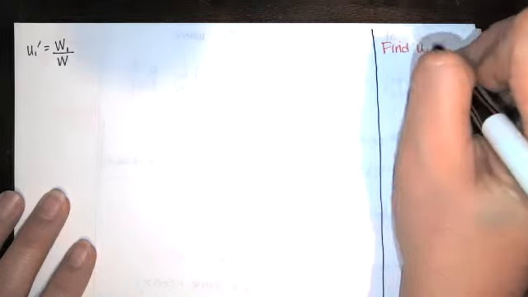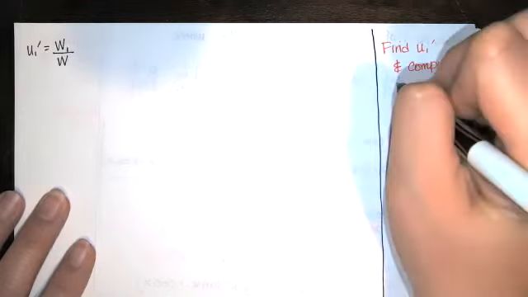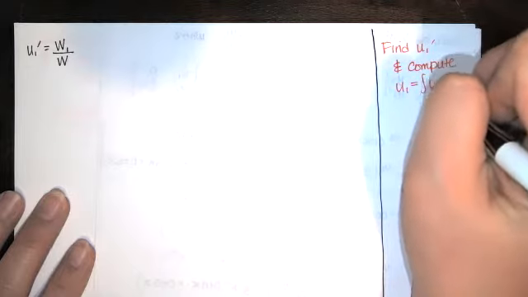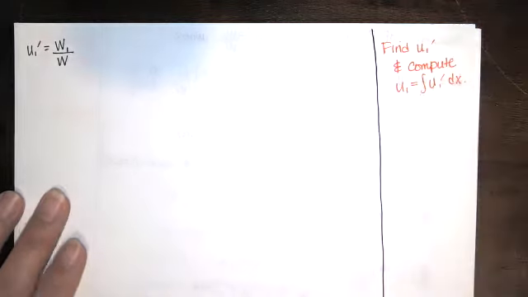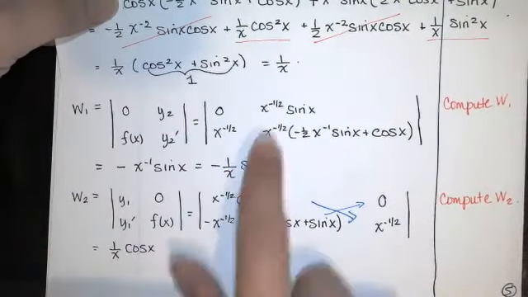So we had U1 prime is W1 over W. Let's see. W1 was negative 1 over x times sine of x, and we're dividing by 1 over x.